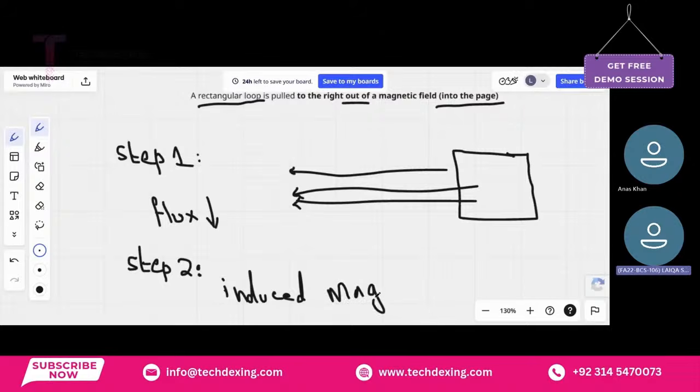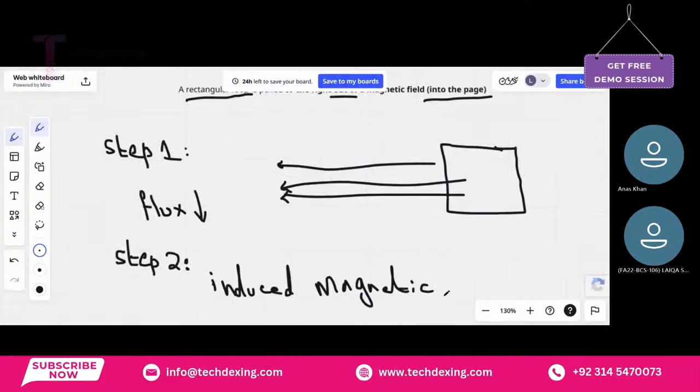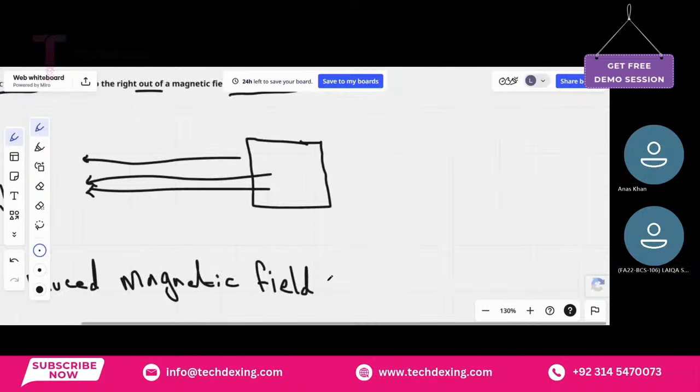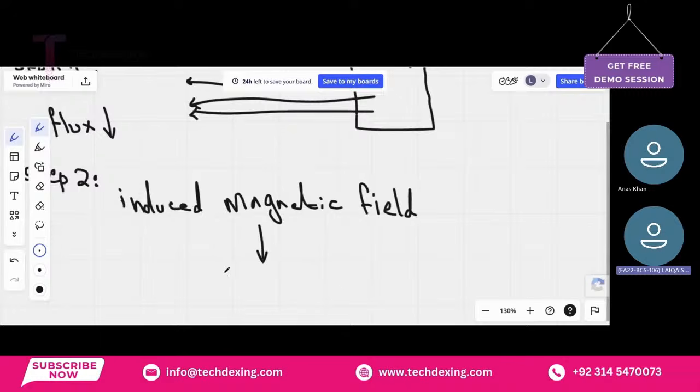It will try to increase the flux, and increasing the flux means that it will create a flux in the same direction as the original magnetic field so that the flux can be increased. So its direction would be into the page.